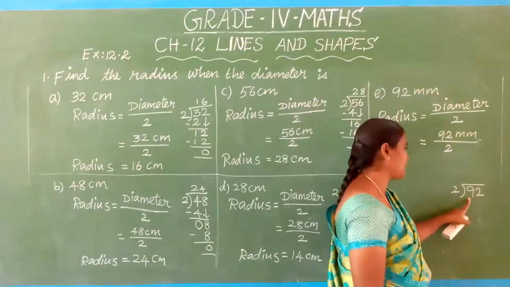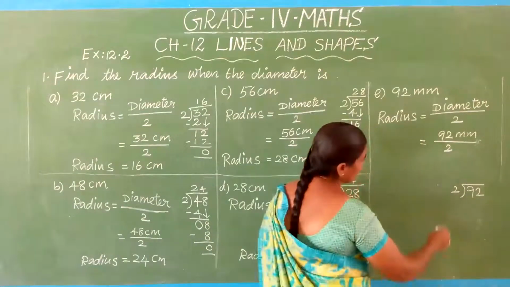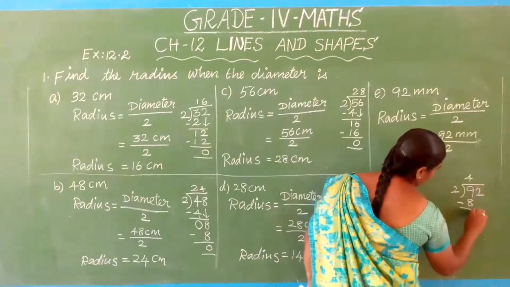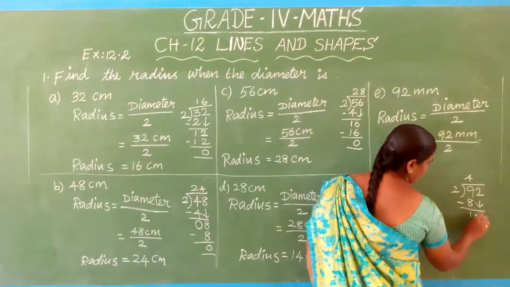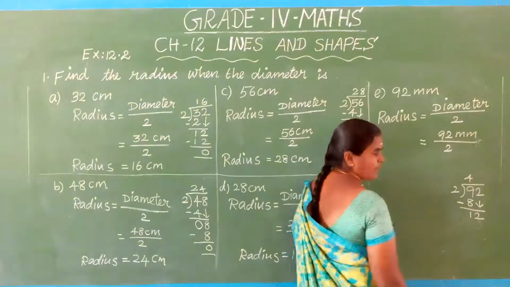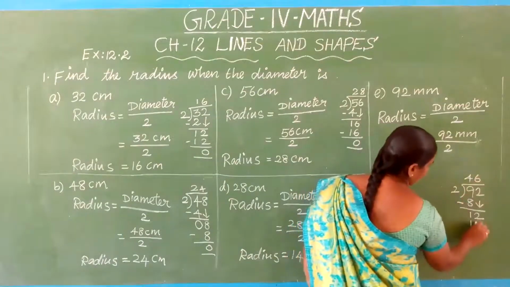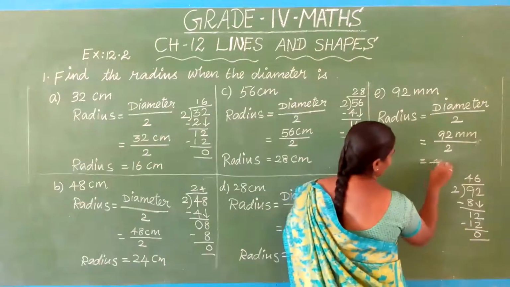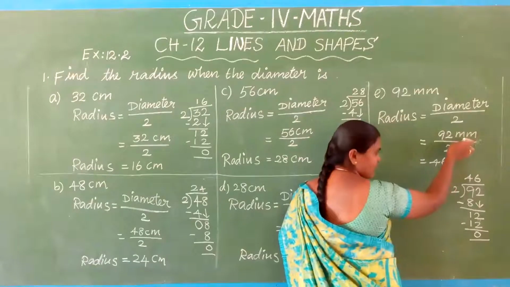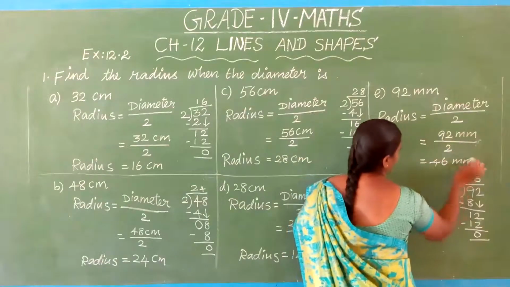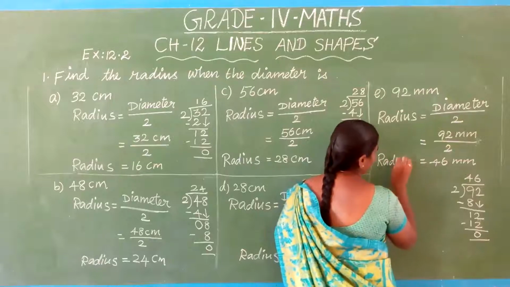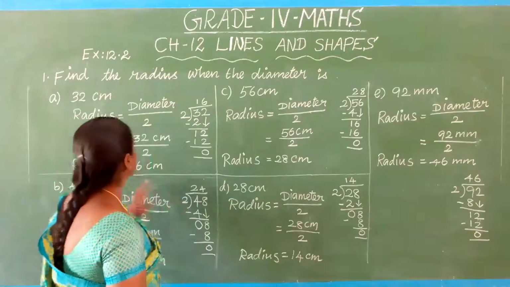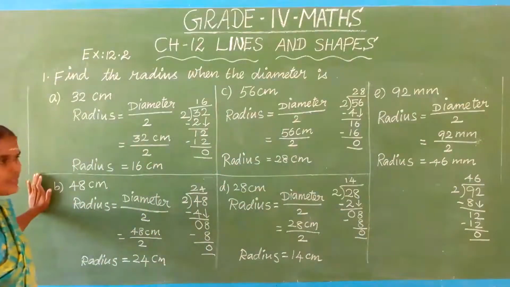So we take small or equal. 4 2s are 8. 4 times. Now do the minus. 9 minus 8 we get answer 1. Next you bring down 2. Now this number is 12. How many times? 6 2s are 12. Minus means we get answer 0. So your radius is 46. Here given millimeter. So your answer also write millimeter. Radius is equal to 46 millimeter. So exercise 12.2 first section completed.